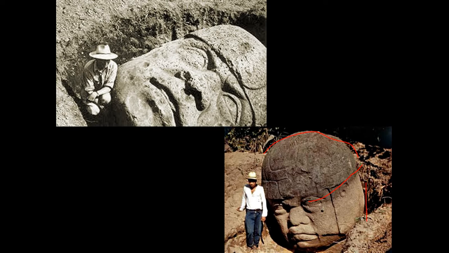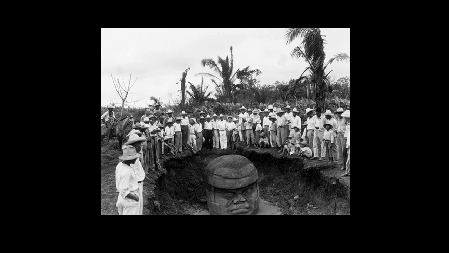Some were buried sitting up, some were buried on their back. All of them have this characteristic broad face, thick and heavy-set lips, broad nose, and all of them are wearing helmets or headgear or headdresses of some kind.